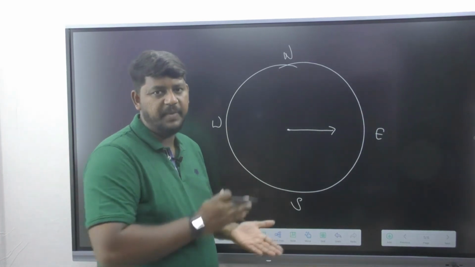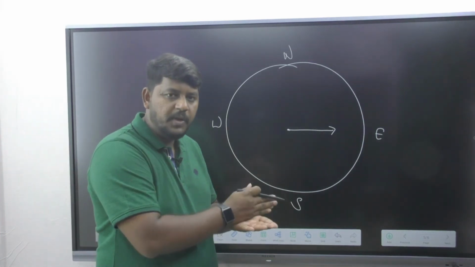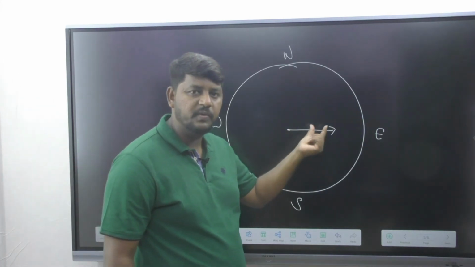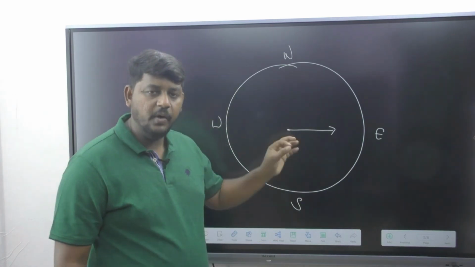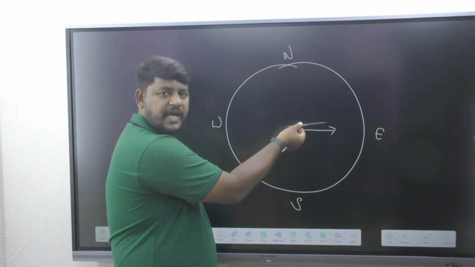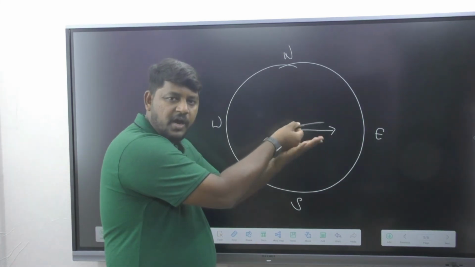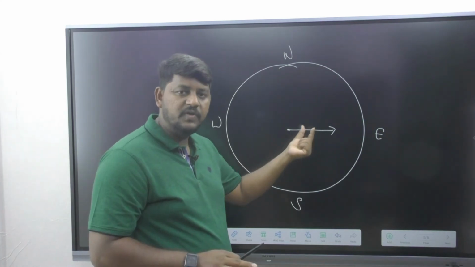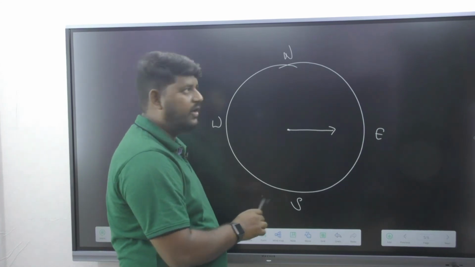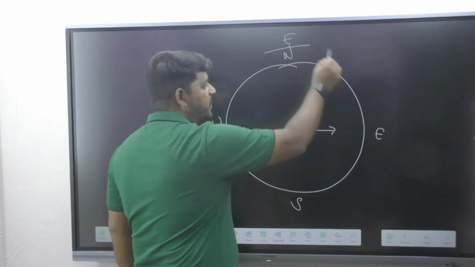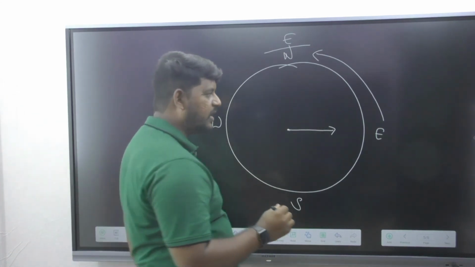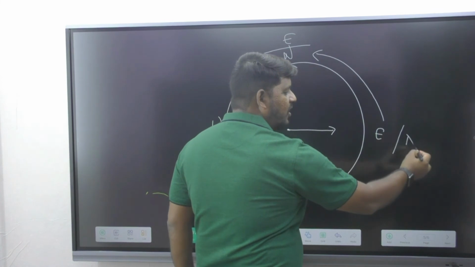But due to some damage or some problem, the directions are now changed. Earlier it was showing towards what direction? East. Now it is showing towards the north direction. So the pointer which was earlier showing east is now going to be observed as what? North direction. So it is better you always bring the direction over here. The mistake you are going to commit is that you want to write down north over here.